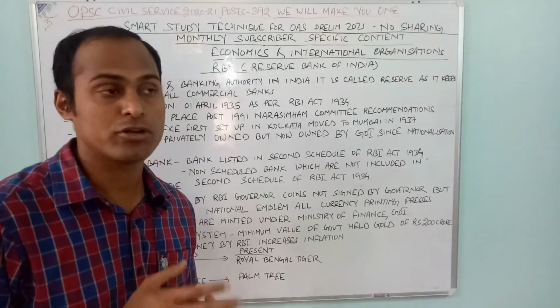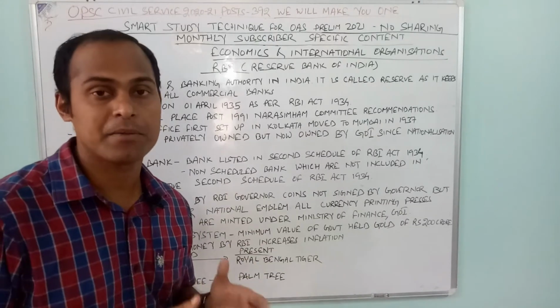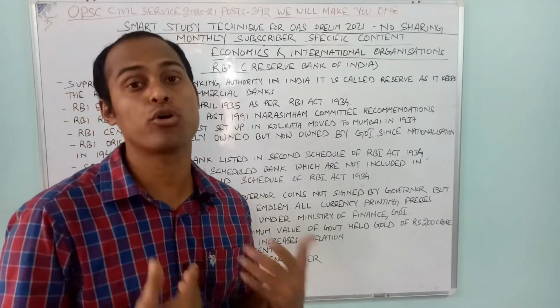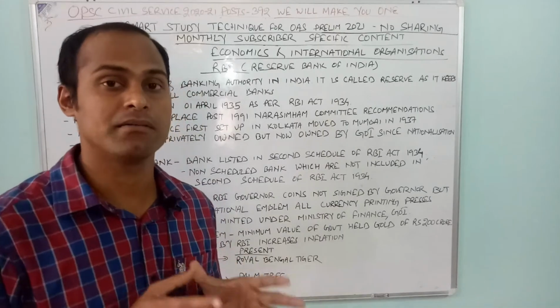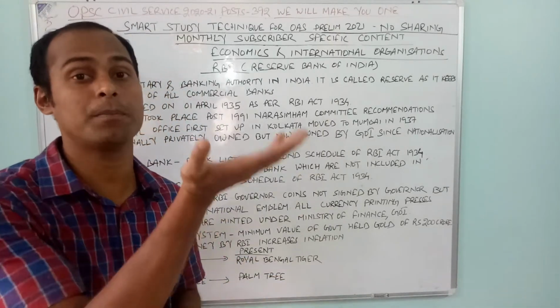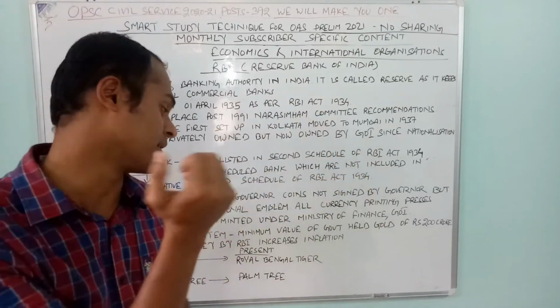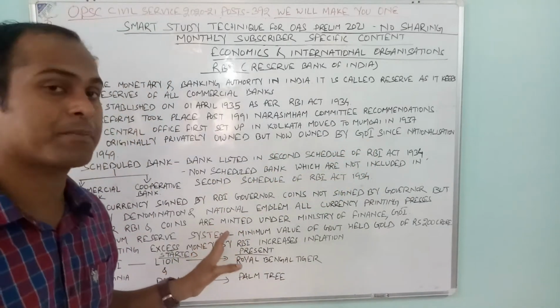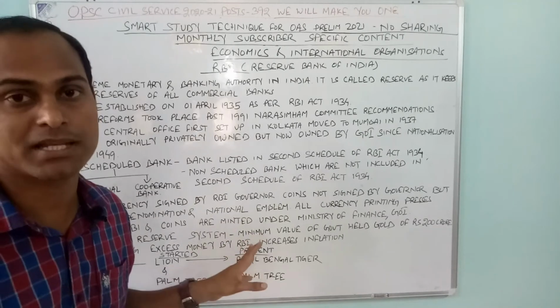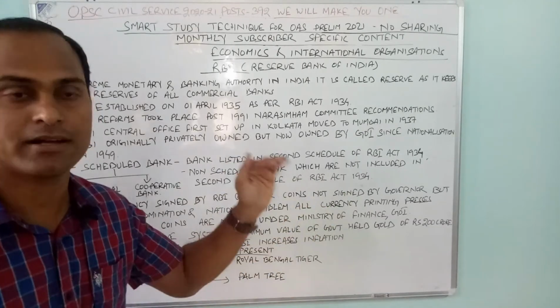If, for example, RBI prints more money to finance the deficit, what happens? Inflation goes up in the economy. So whenever RBI prints excess money, it increases inflation.